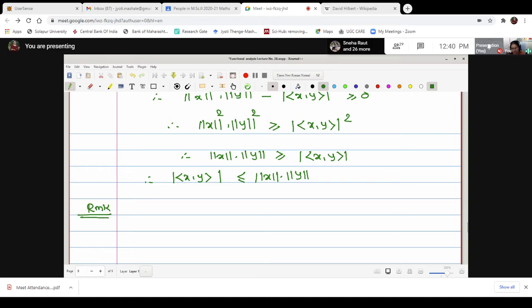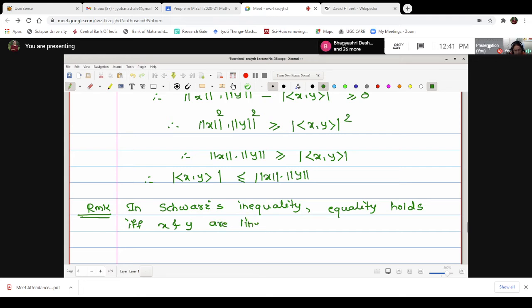There is one remark on this theorem: in the Schwarz inequality, equality holds if and only if x and y are linearly dependent.